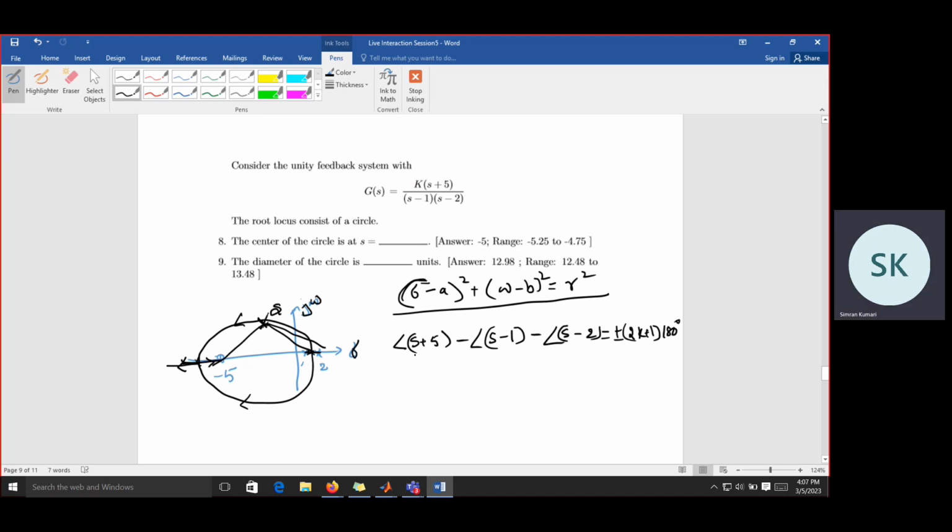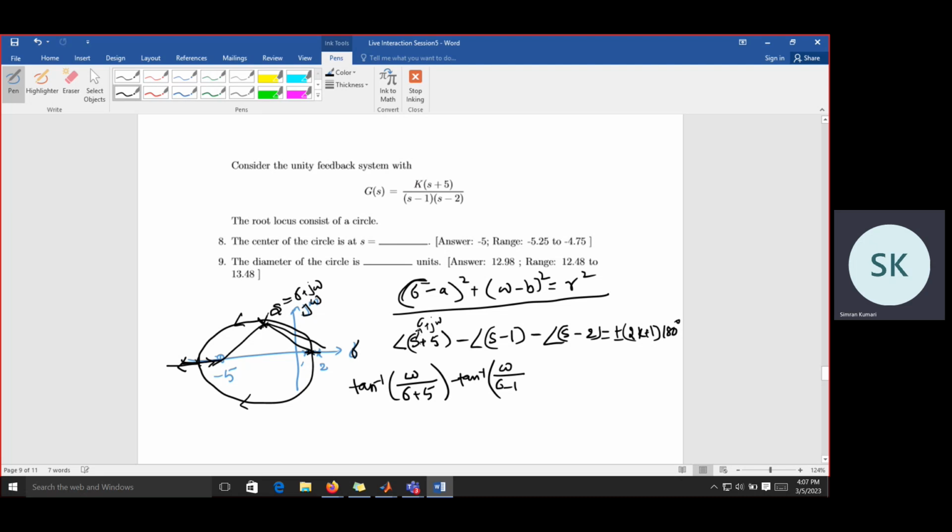Okay, so now what is the angle? We can write it as tan inverse. Suppose this is sigma plus j omega. So this will be tan inverse omega by sigma plus 5, minus tan inverse omega by sigma minus 1, because this will go to sigma plus j omega.